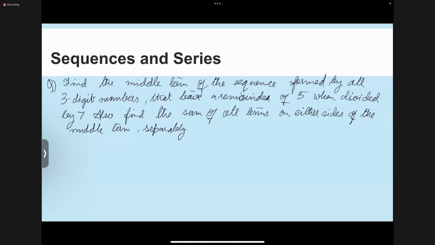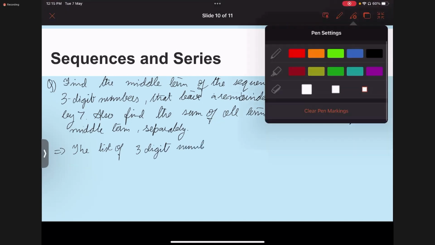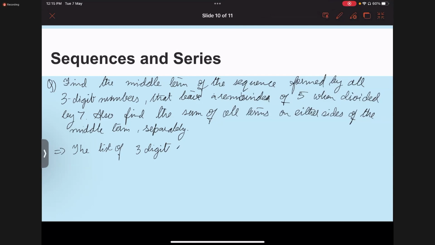Okay, so you can write this as the list of three-digit numbers that leave a remainder of 5 when divided by 7.